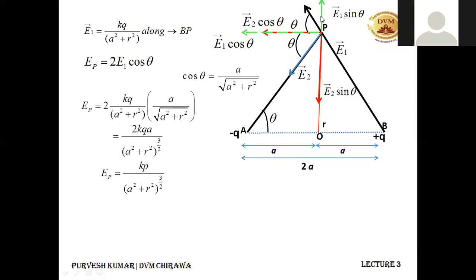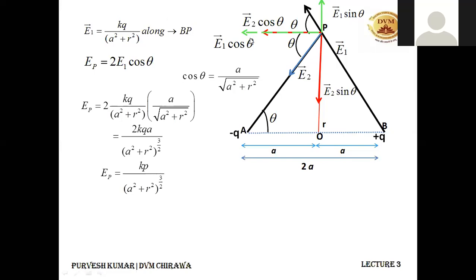All right. Since this E1 sin theta and E2 sin theta are opposite in direction, and the magnitudes of E1 and E2 are the same, they get cancelled out. Say 5 Newton per coulomb in the vertical direction upward and 5 Newton per coulomb in the vertical direction downward, then they both get cancelled out.